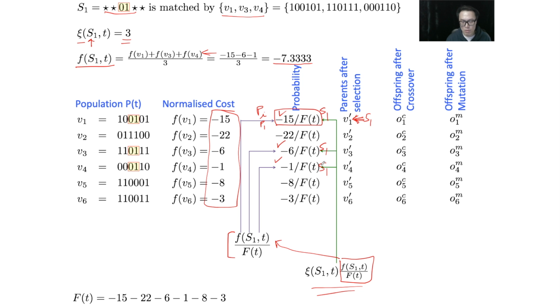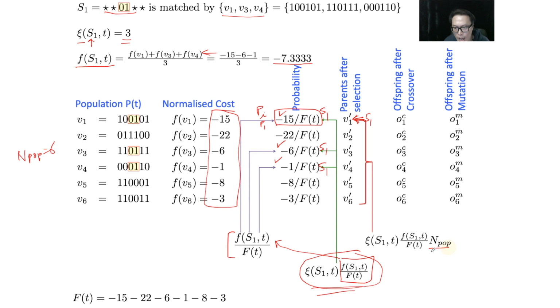Okay. And now when we move forward, because we have to generate 6 chromosomes right here, because the population size n pop is 6, I'm going to multiply this guy with n pop.